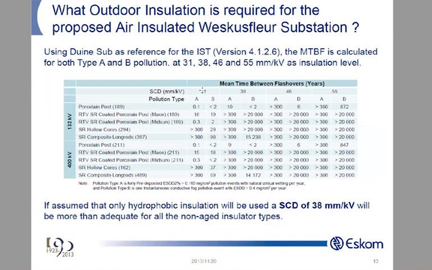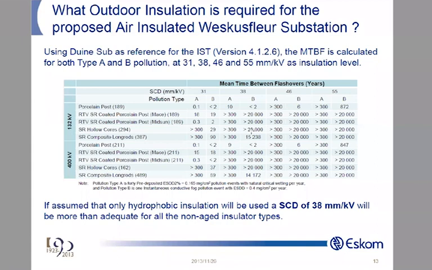But you say 31 millimeters per kV, maybe that's not a good idea. 31 millimeters per kV is not bad, but I'll definitely not use this coating, I'll use this coating, and it's actually not too bad. But if I go for 38 millimeters per kV, both coatings will do okay. You're not overstressing the second coating.